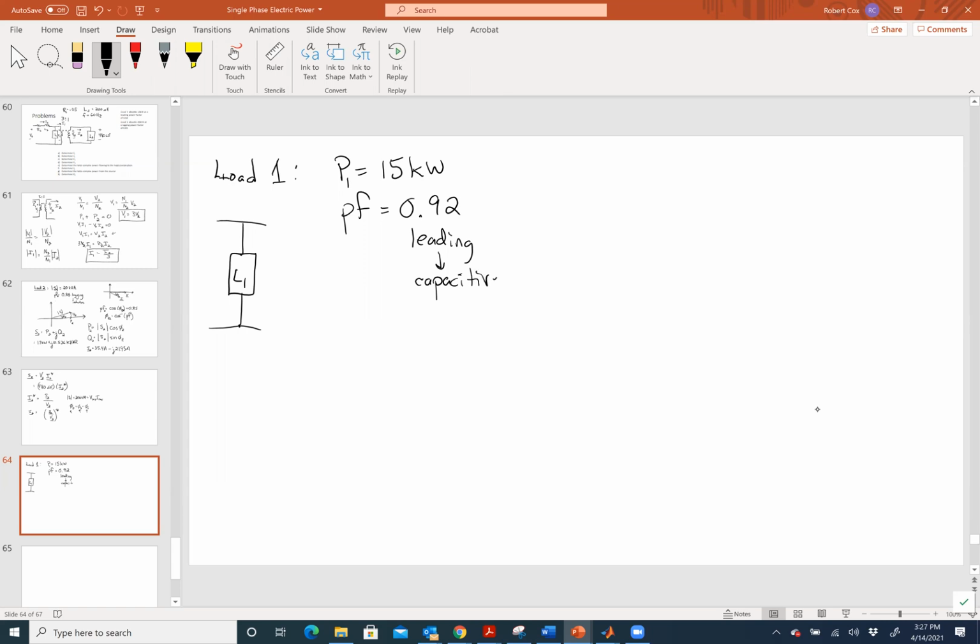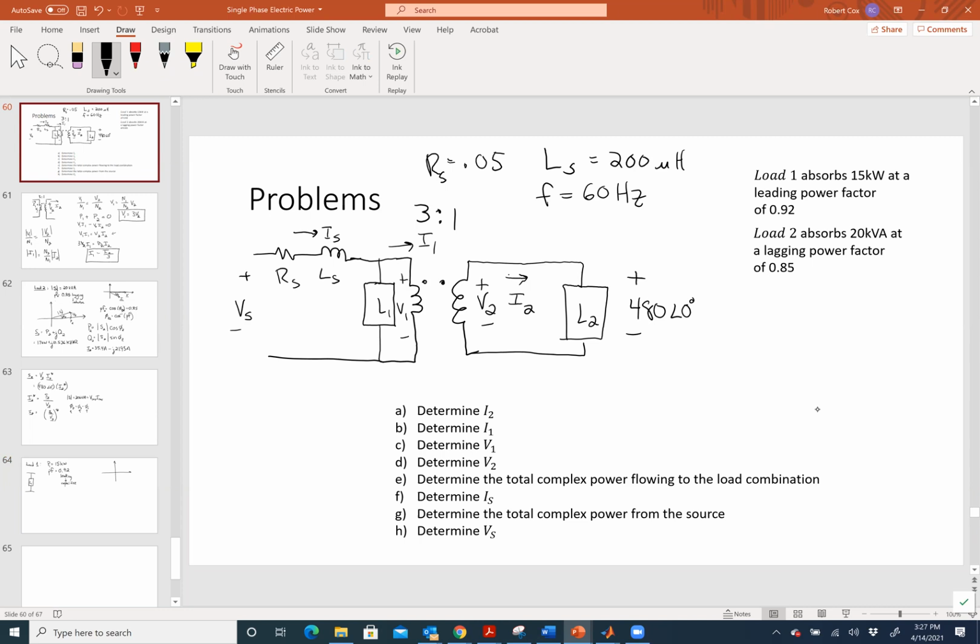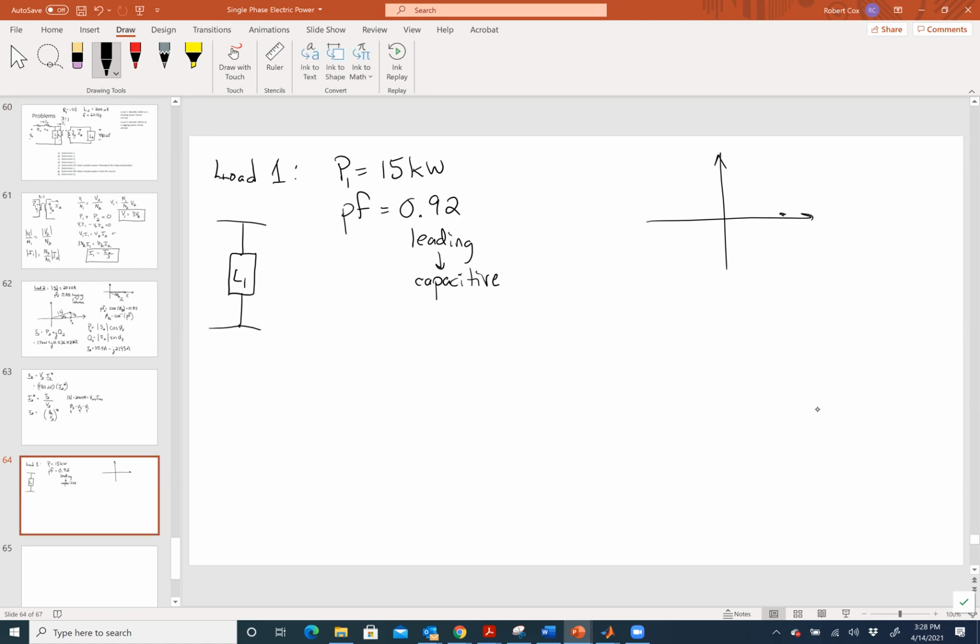Let's figure out as much as we can about that at this point. Talking about the relationships between the voltage and the current, looking at the original picture, V1 is the voltage across that guy. What's the angle of that voltage? Same as V2, right? V1 over N1 equals V2 over N2. There's no change in angle there, so I know the angle has to be 0.